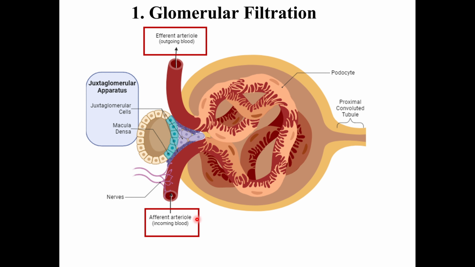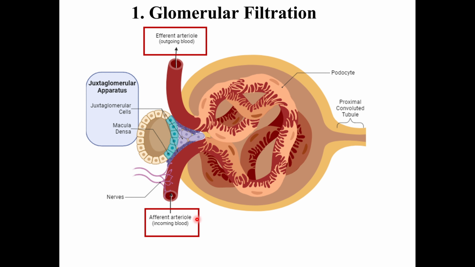This was about glomerular filtration. When blood enters here, the blood contains plasma and cellular components like red blood cells and white blood cells. During filtration, only plasma is filtered into the Bowman's capsule, while the cellular components remain in the blood. The filtrate consists of water, glucose, amino acids, sodium ions, and some other molecules, but proteins are not filtered because of their large size.